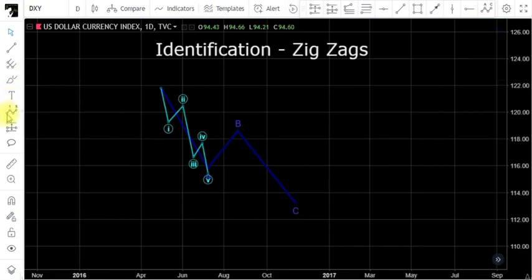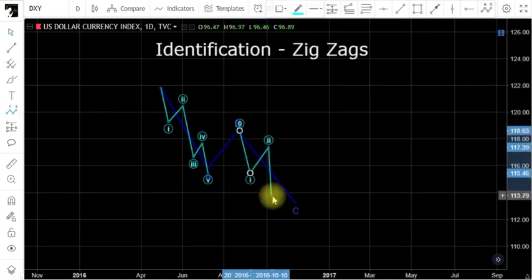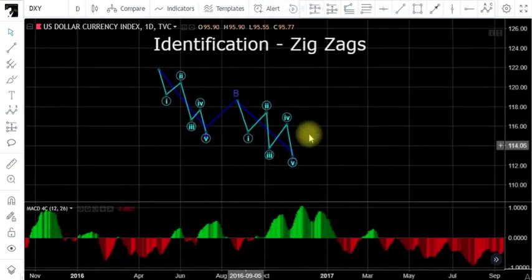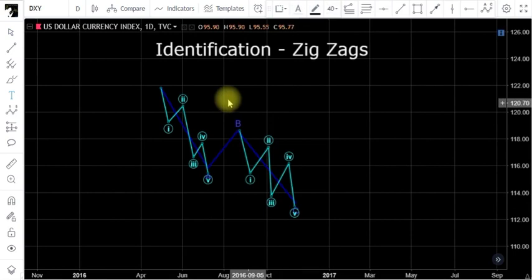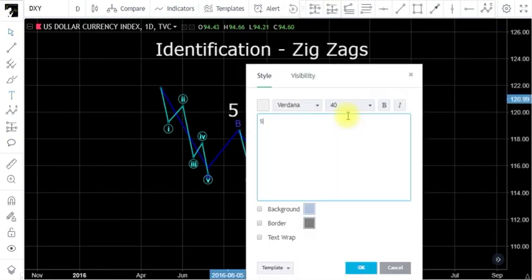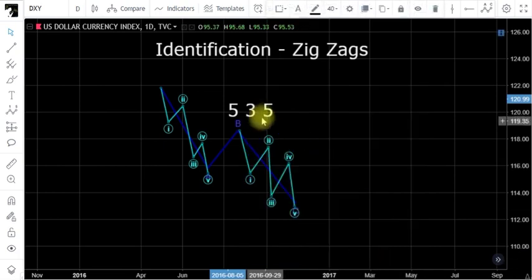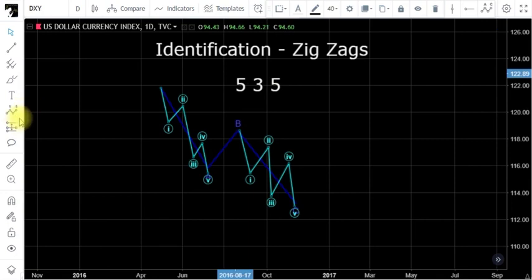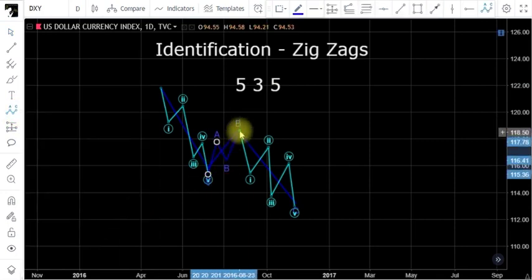It can be an impulse or a diagonal, and for clarity we'll draw a little diagonal in there. So what we have so far is 5, 3, 5. A zigzag is 5, 3, 5, which basically means what we're missing is 3 waves in there, which essentially is another zigzag or possibly a flat.